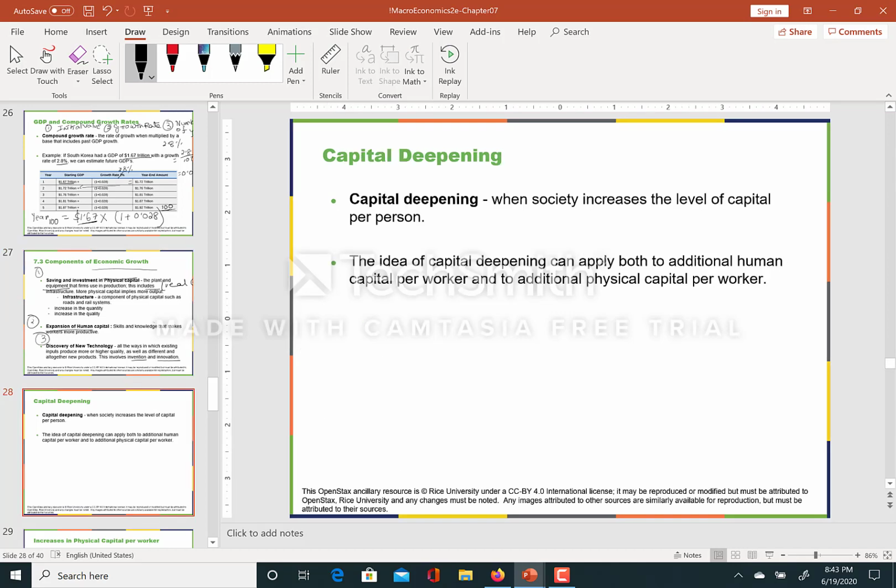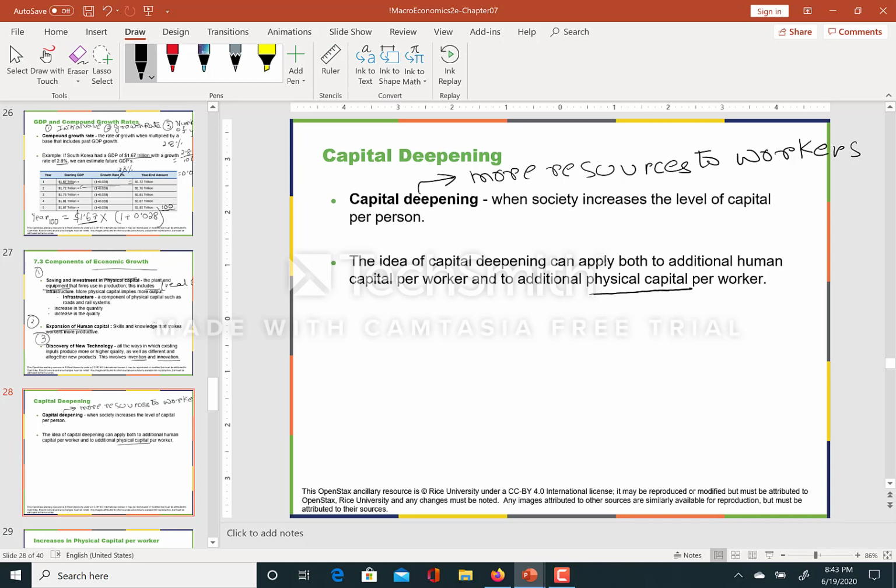Now let's look at the definition of capital deepening. By that I mean, I can just say more resources to workers. And what are examples of resources? It can be physical capital or it can be human capital.